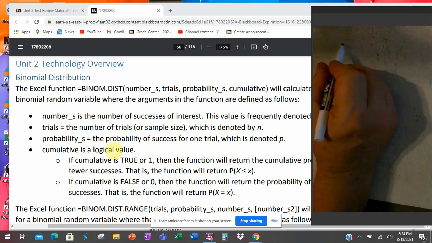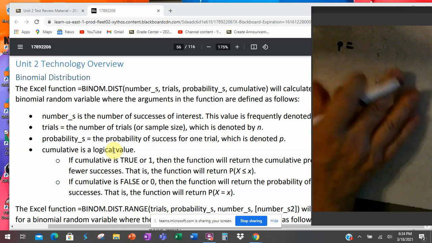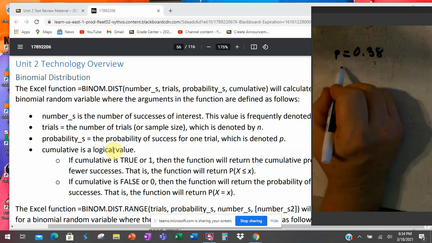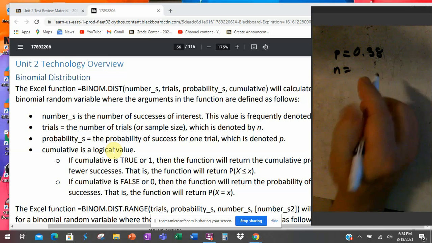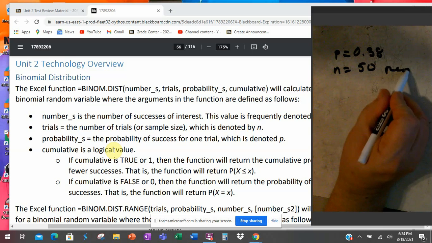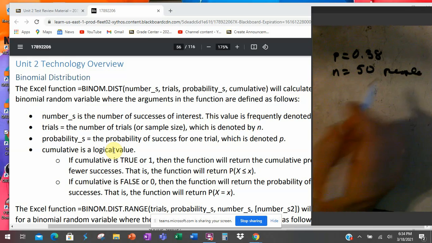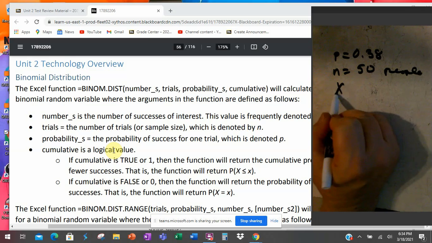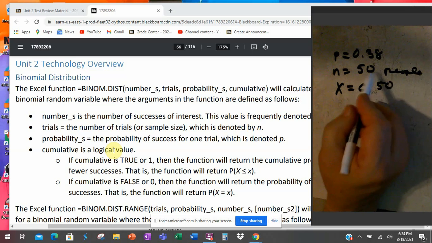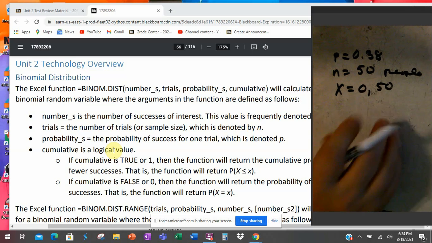So if you had some probability of success of 0.38, and you went out and grabbed, let's say, 50 people, your counting variable is going to be from 0 to 50, the number of successes among these 50 people.